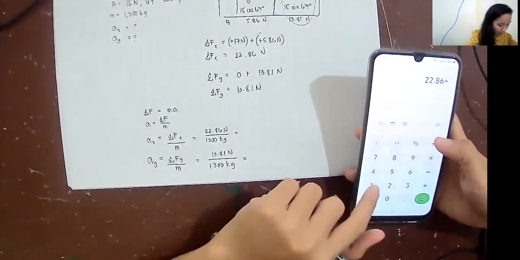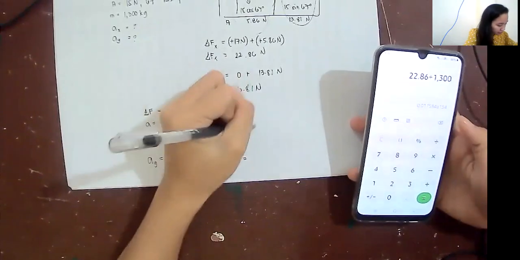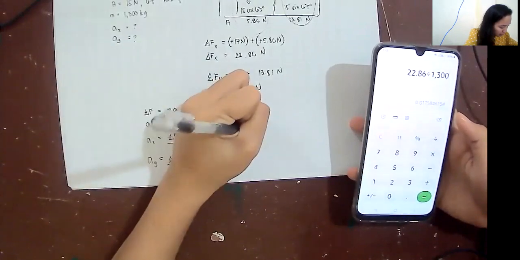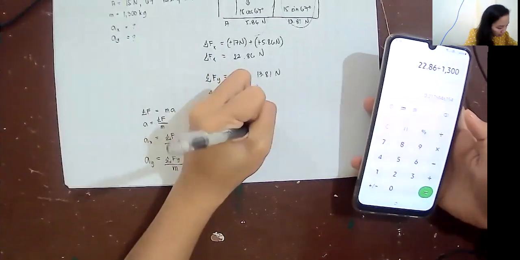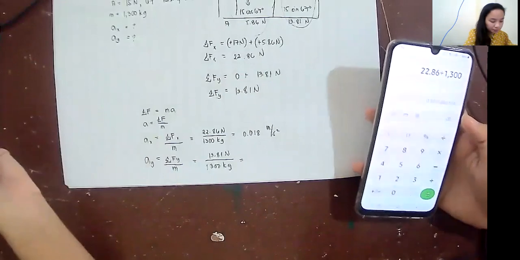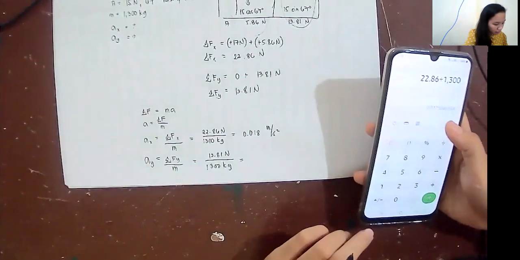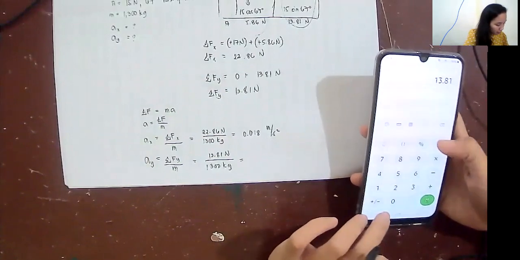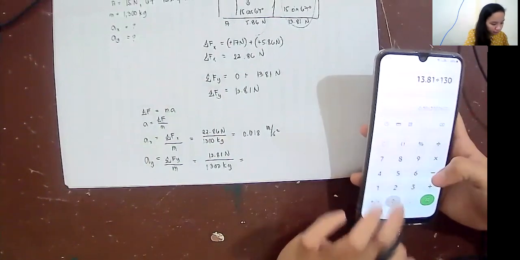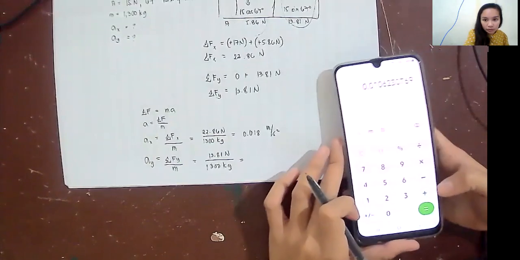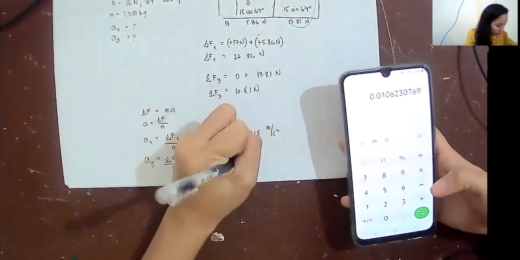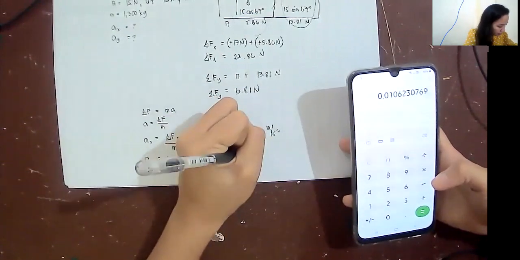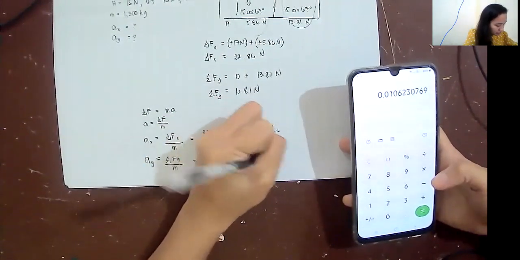22.86 divided by 1,300 is 0.0188 meter per second squared. And then 13.81 divided by 1,300 is 0.01 or 0.011 meter per second squared.